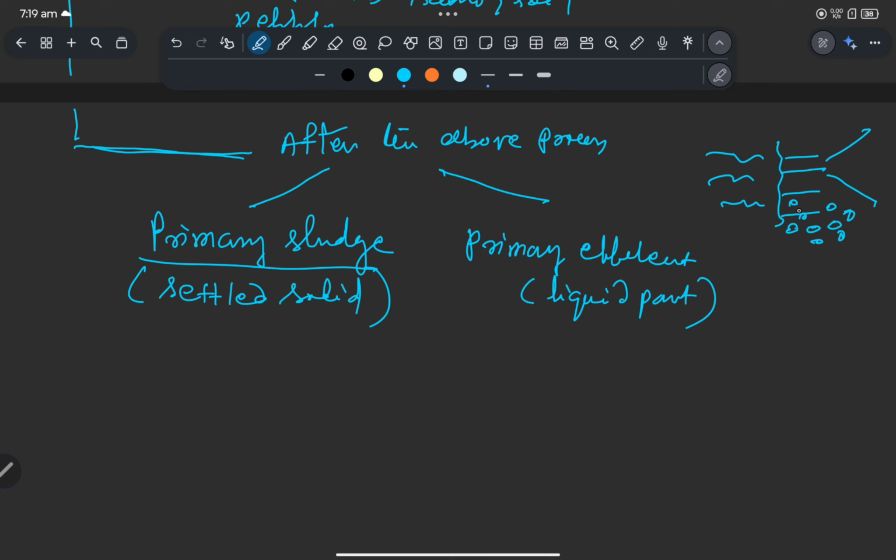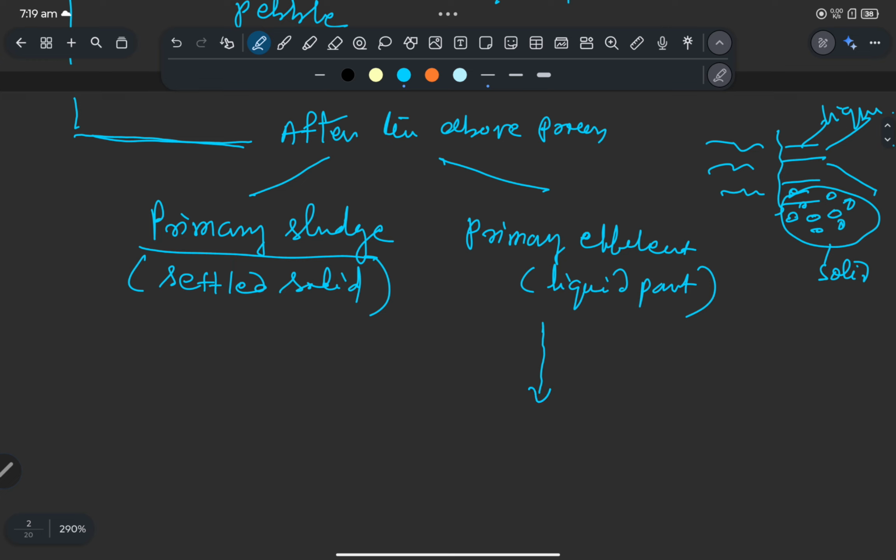The liquid part remains above and is called the primary effluent because this is the primary treatment. The settled solid is known as primary sludge. Because we need the liquid part, we take the primary effluent, and this primary effluent is subjected to secondary treatment.